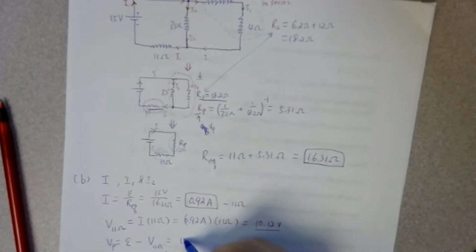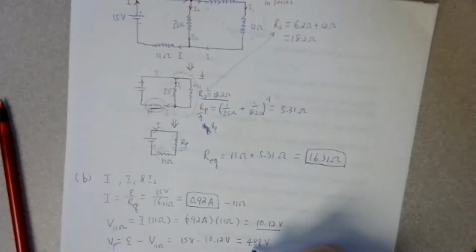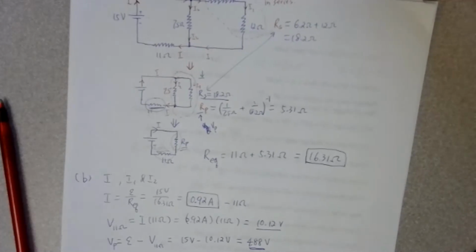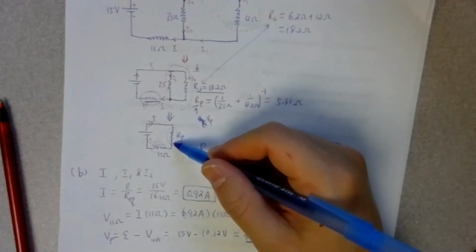So it'll be 15 volts minus 10.12 volts, which will be 4.88 volts.